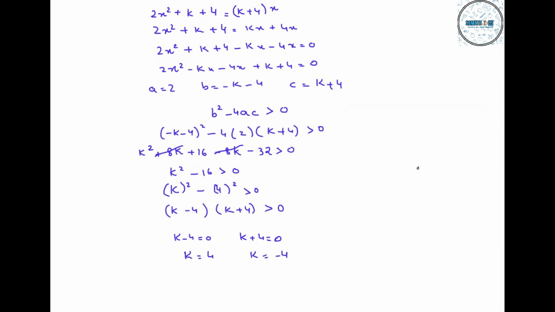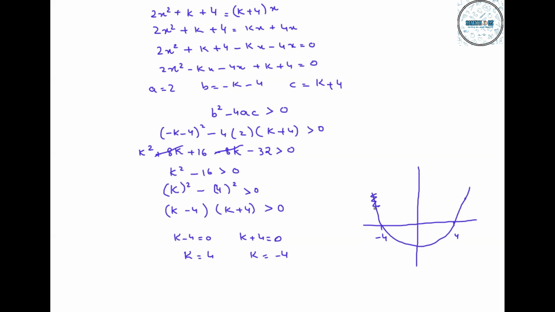So now we will sketch a curve. We have here minus 4, here 4. The curve is to be somewhat like this. We have to consider the part which is above x-axis.